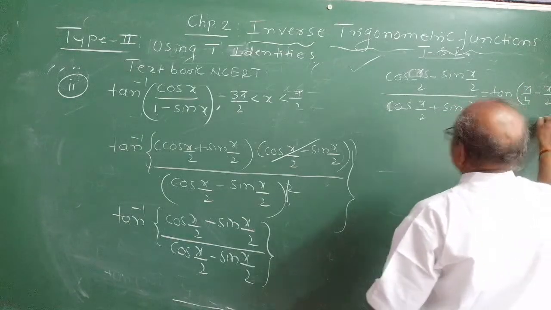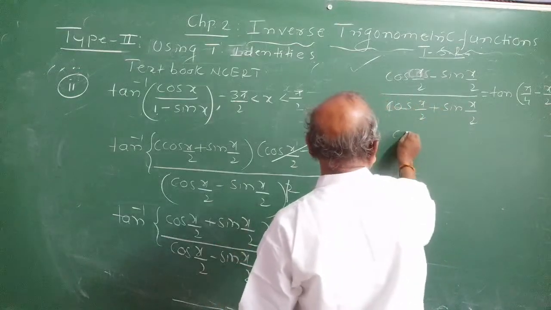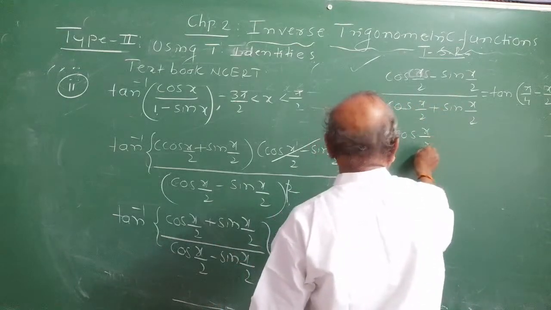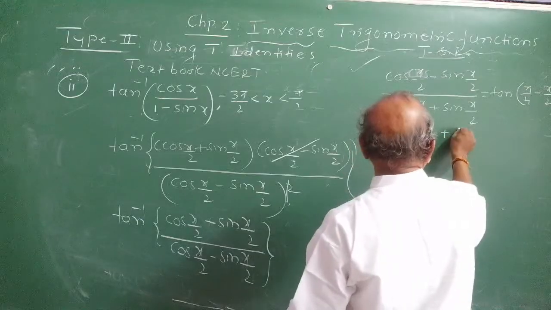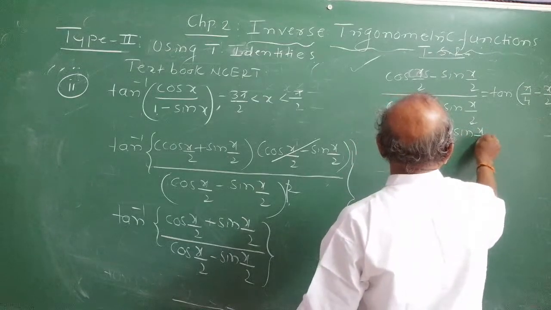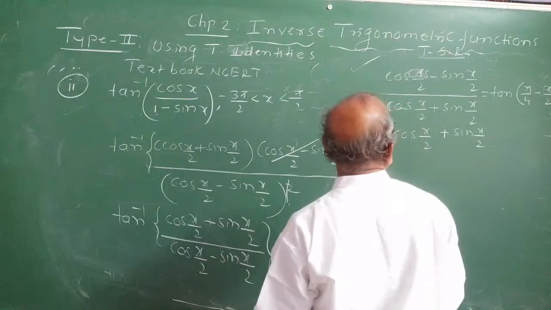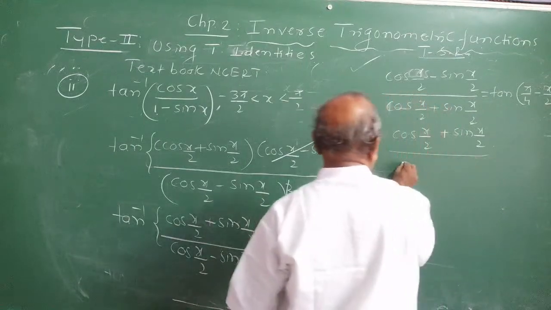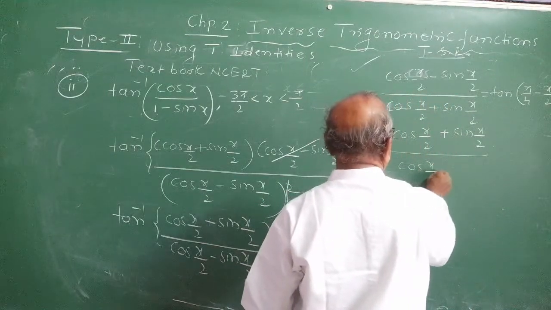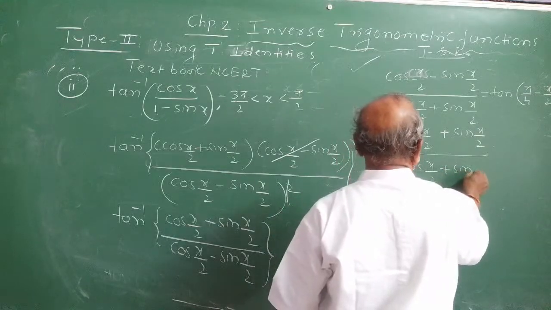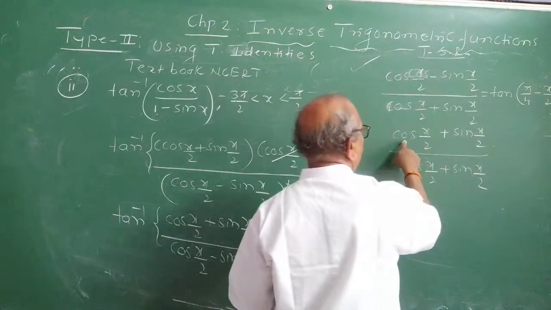Just the sign is different here, you can use your common sense. Cos x by 2 plus sin x by 2 divided by cos x by 2 minus sin x by 2. Is it not in the form of 1 minus tan?